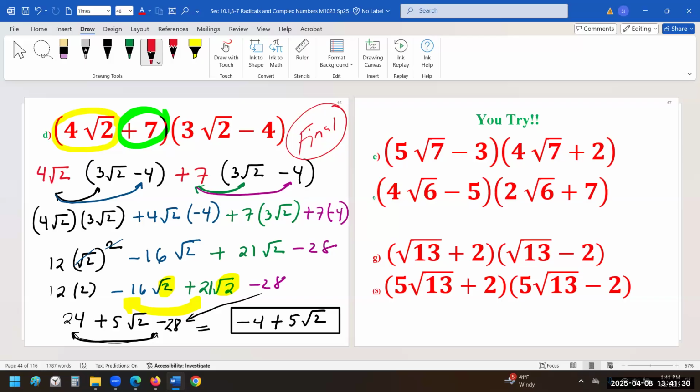7. Yeah, what is the number here? Yeah, square root.